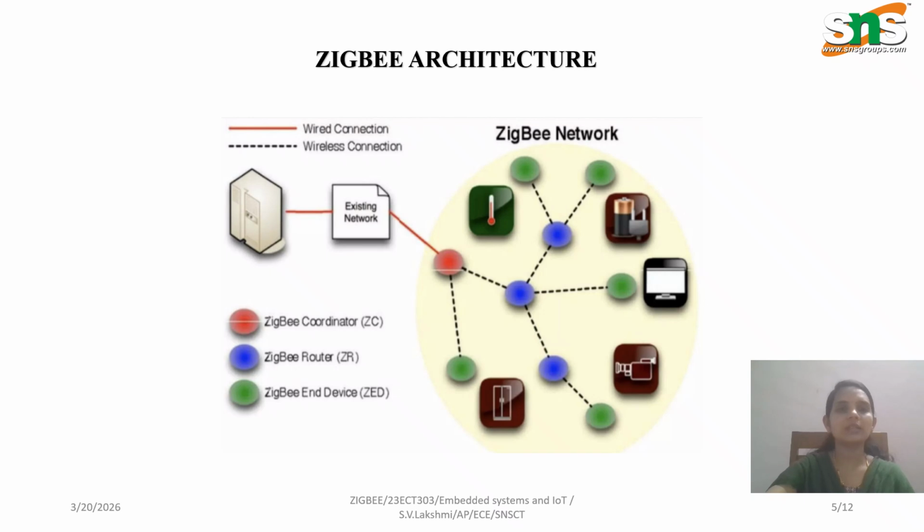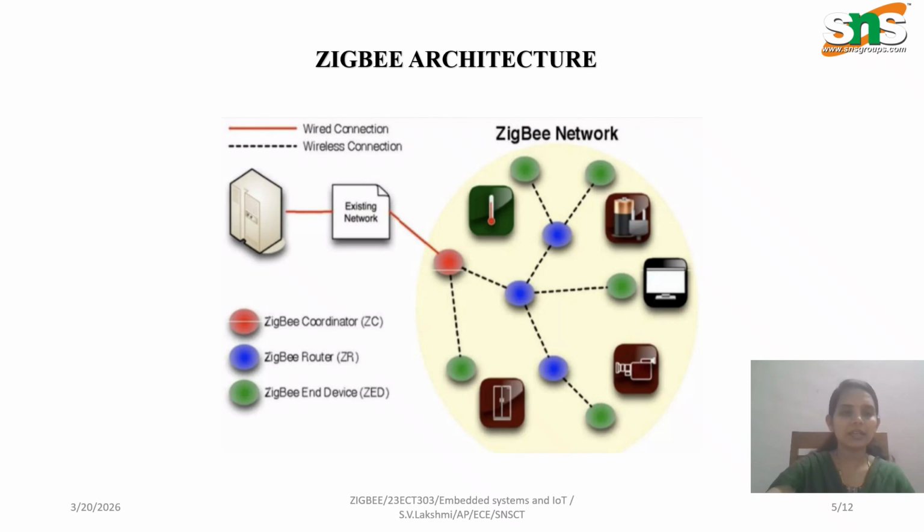How does ZigBee work? We have three ZigBee network types: star topology, tree topology, and mesh topology. The different types of ZigBee devices are the coordinator, which controls the network, the router, which forwards the data between the devices, and the end device, which performs sensing or activating tasks.